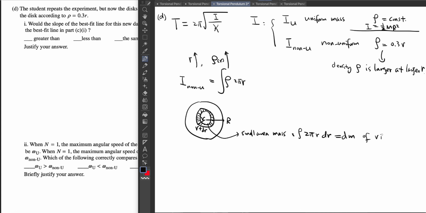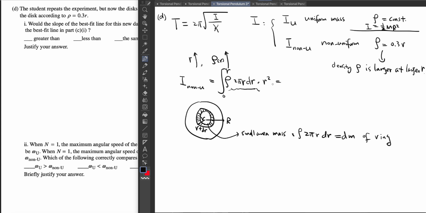Then we still need to multiply by r squared, which is the contribution of this dm to the total moment of inertia. The integral goes from 0 to R.